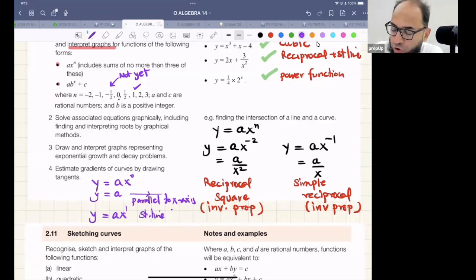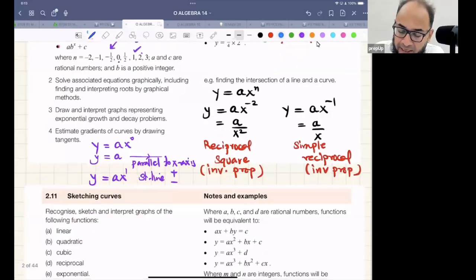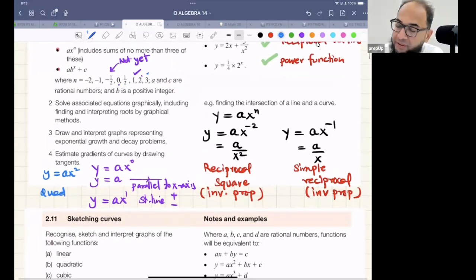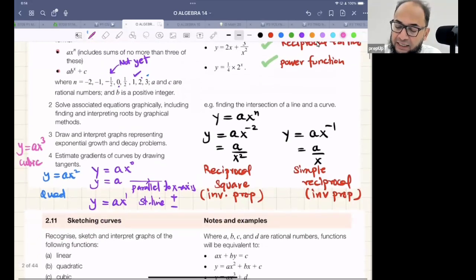The gradient could be positive, the gradient could be negative. What about power 2? y is equal to ax squared, this is quadratics. And what about power 3? y is equal to ax cubed. This is cubic.